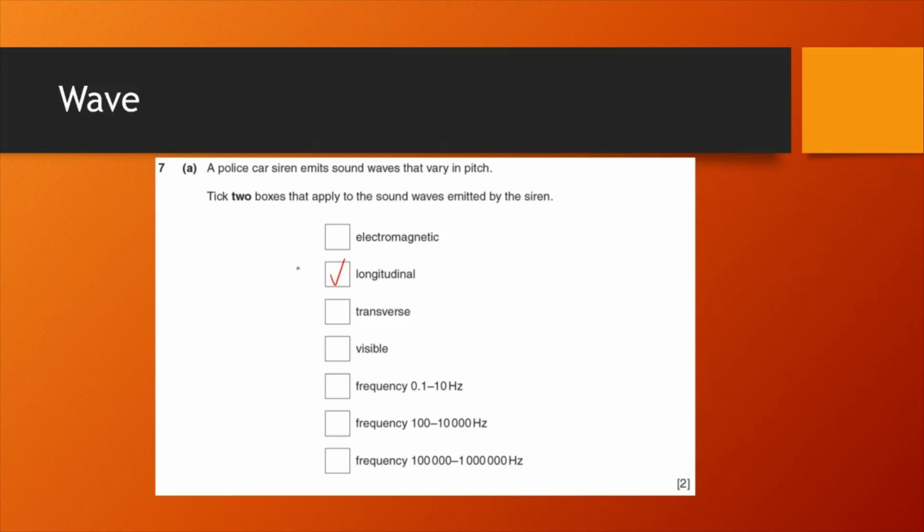Audible frequency ranges from 20 Hz until 20,000 Hz. So, the most appropriate frequency for the car siren is this one, from 100 until 10,000 Hz. It's still within the audible frequency range. These two boxes are the answer for number 7a.